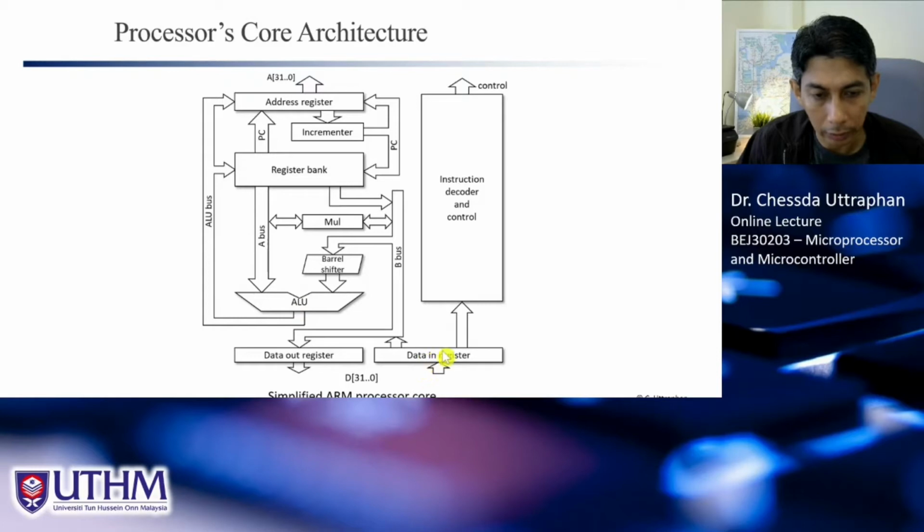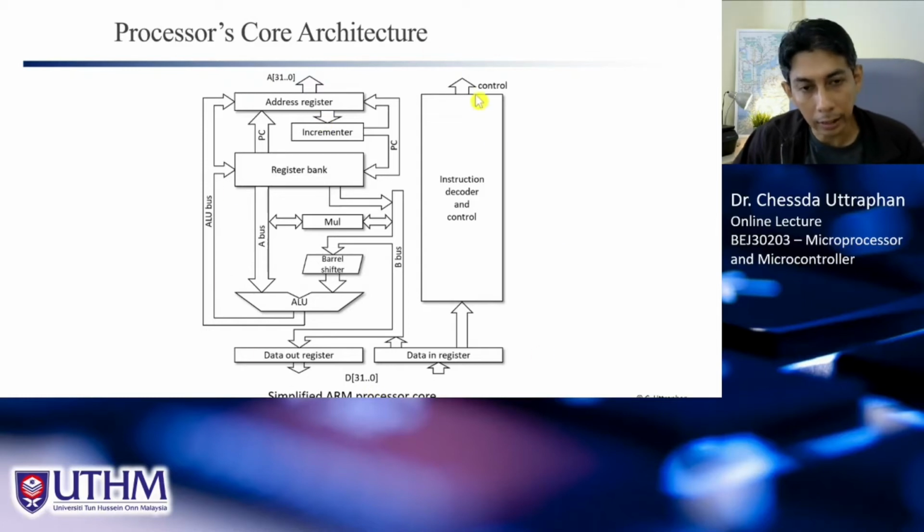We have the instruction decoder here that will generate the control signal. So the instruction will come from the memory. So here is inside the core, the inside of the microcontroller, microprocessor, not including the memory.